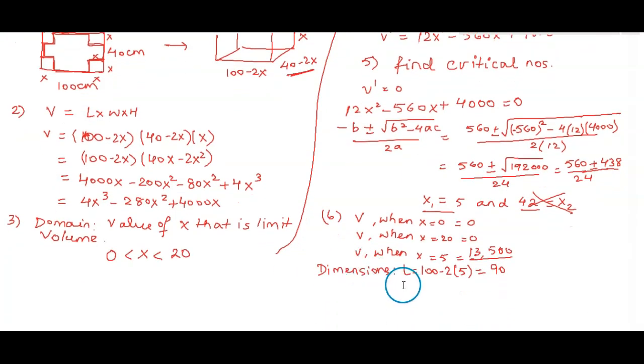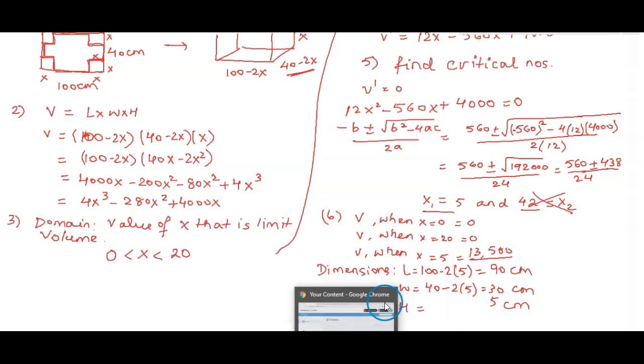My width is going to be 40 minus 2 times 5, which is 30, and my height is x, so that is 5 itself. So my final dimension is length is 90 centimeter, width is 30 centimeter, and height is 5 centimeter. And here I get my final answer. And I'm done.